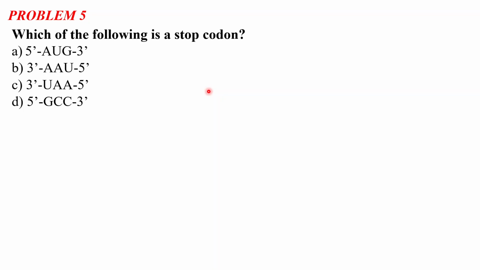Number A, 5 prime AUG 3 prime. Number B, 3 prime AAU 5 prime. Number C, 3 prime UAA 5 prime. And number D, 5 prime GCC 3 prime.